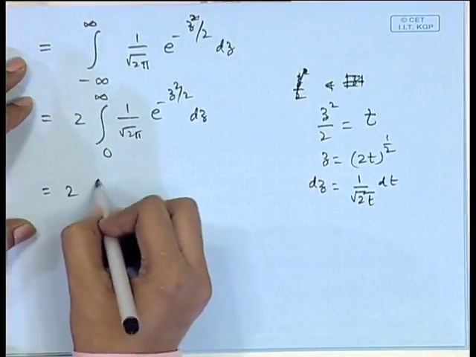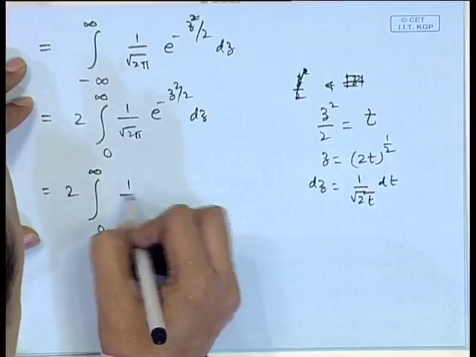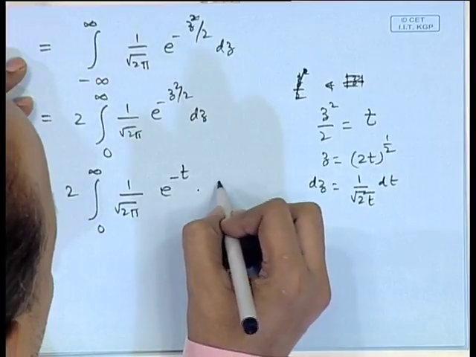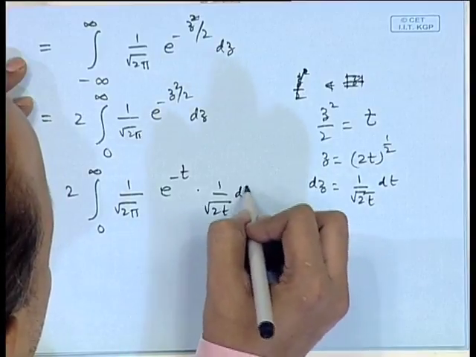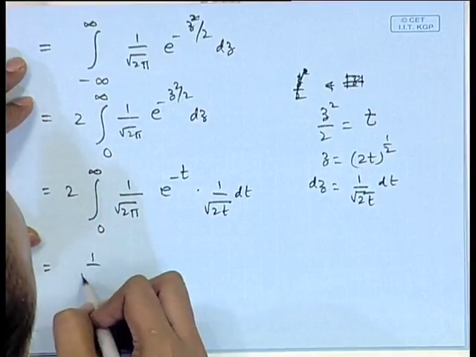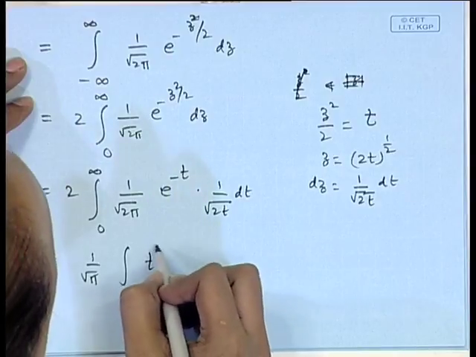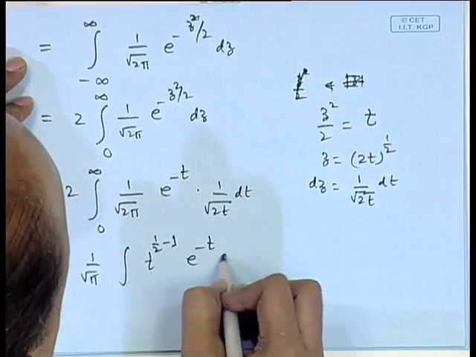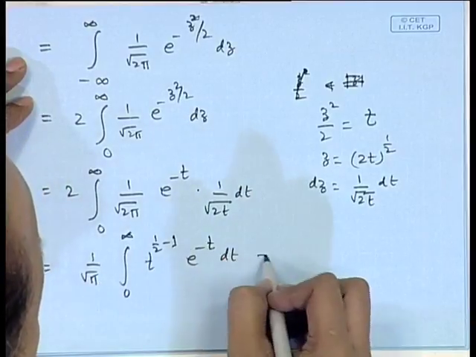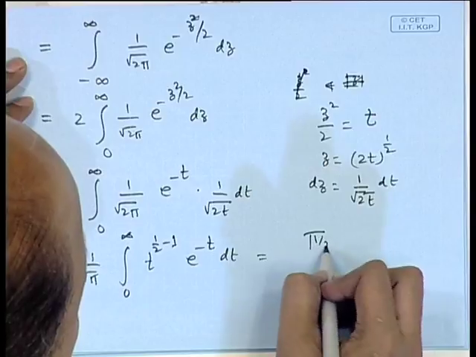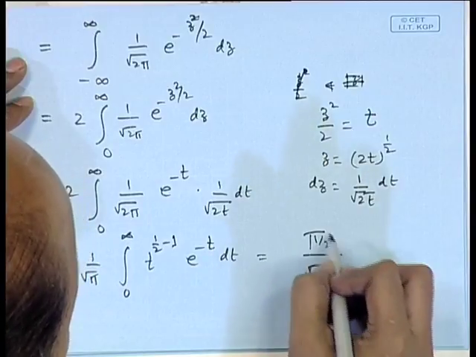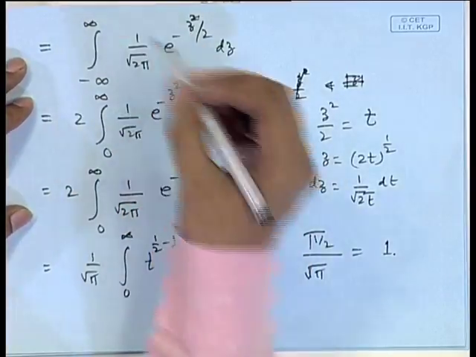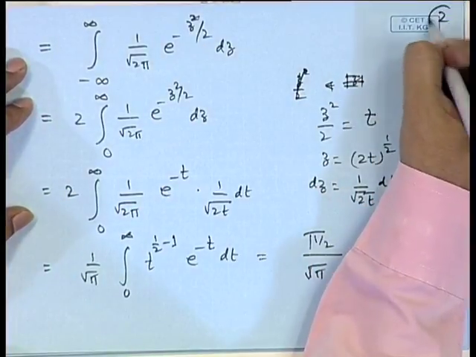So, this becomes the integral 0 to infinity of 1 by root 2 pi e to the power minus t times 1 by root 2t dt, that is equal to 1 by root pi times the integral of t to the power half minus 1 e to the power minus t dt, which is nothing but gamma half by root pi. Now, gamma half is root pi. So, this is equal to 1. So, this is a proper probability density function.